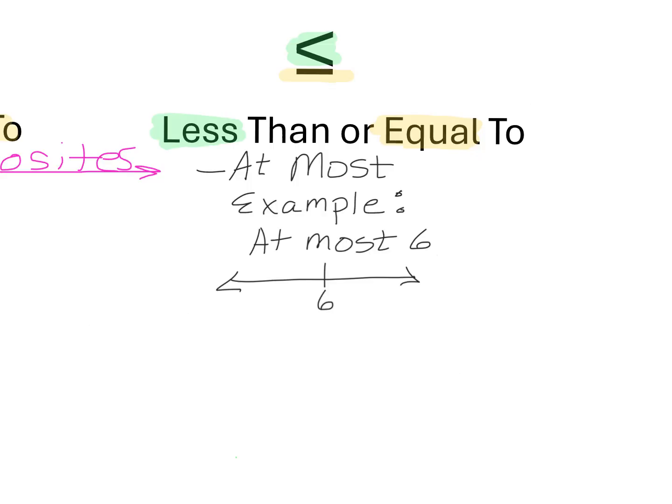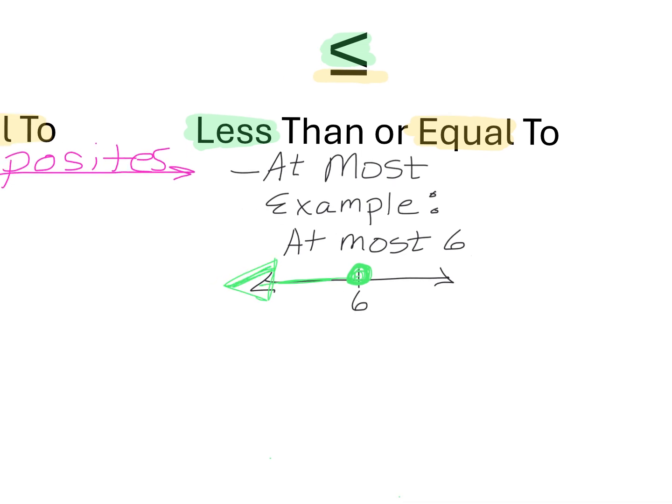For example, at most 6 means the biggest number it can be is 6. That is the most it can be, which means it could be any number that is 6 or less than 6. Because the most it can be is 6.